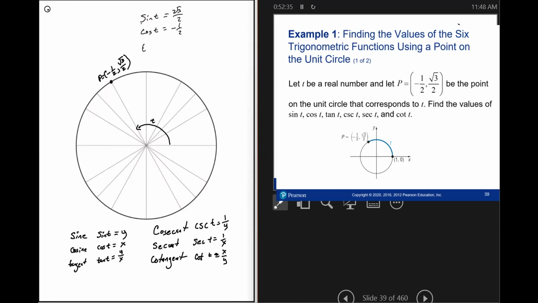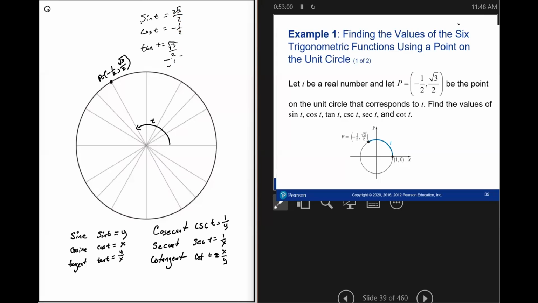And the tangent of t is y over x, which is the sine over cosine. So I have the square root of 3 divided by 2 being divided by negative 1 over 2.